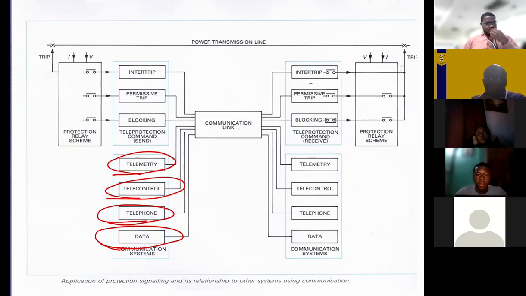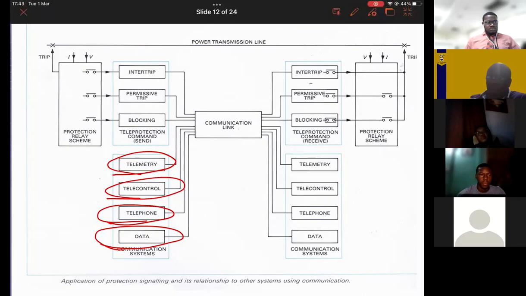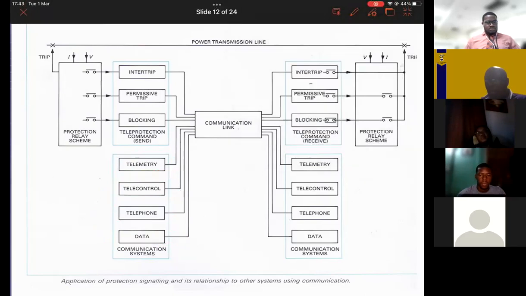You pull information from relays. Most of our digital relays now provide a lot of information. I see your hand, Mr. Dance, just a minute. So when you pull information, let's say from the distance relay, what used to happen in the past is that, let us say I have a fault on the Hope to Cane River line.